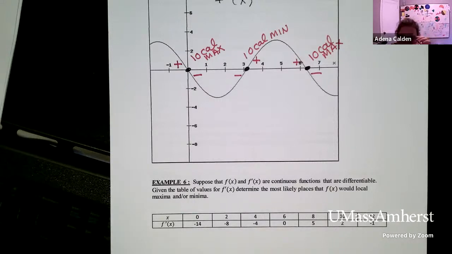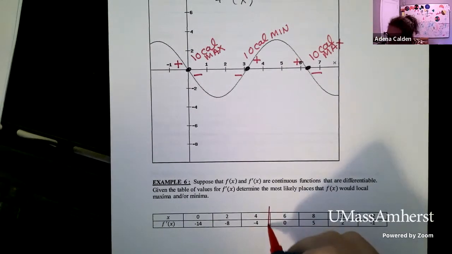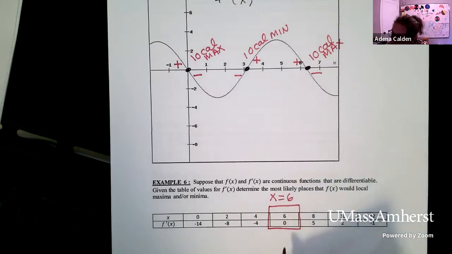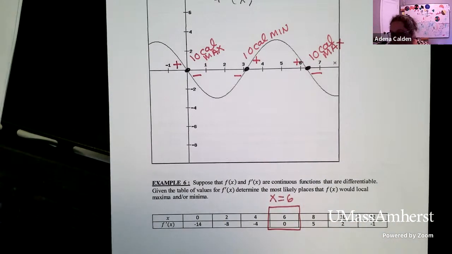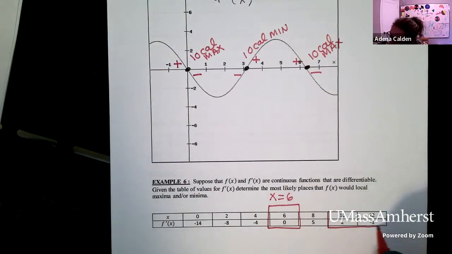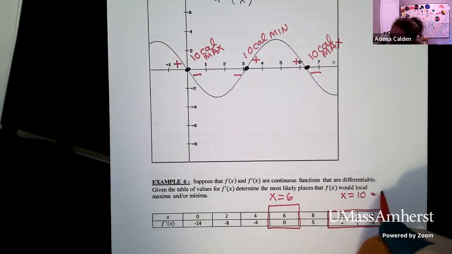Okay, so let's start by talking about the critical points. Our function will have critical points when the first derivative equals 0. We see that this happens at x equals 6, where we have a first derivative value of 0. We also talked about last time that we're going to have another critical point between x equals 10 and x equals 12.